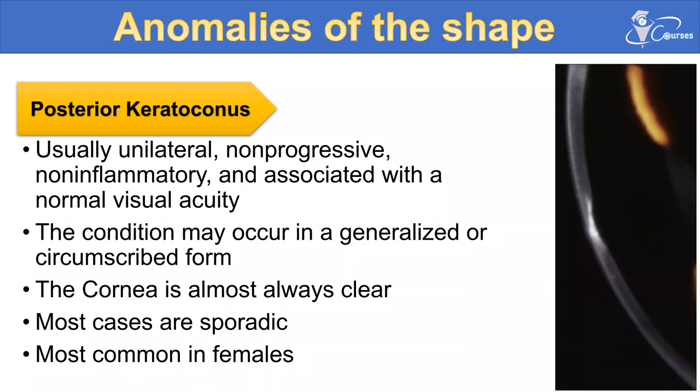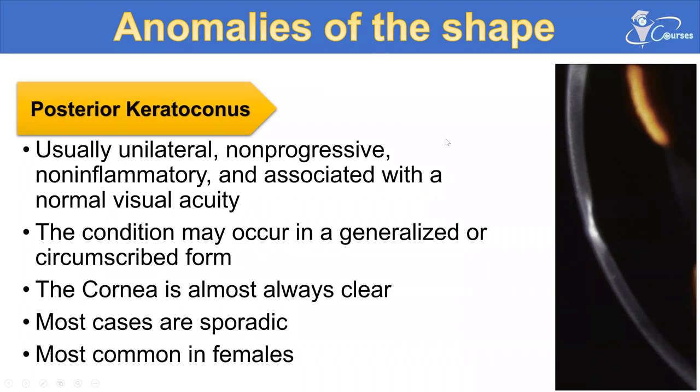And for those who don't know, by keratoconus we mean that there is increasing of the normal corneal curvature. So you can see that the posterior cornea is more curved than the rest of the posterior surface. The same also happens with the anterior cornea in the regular keratoconus. There is increasing in the curvature.